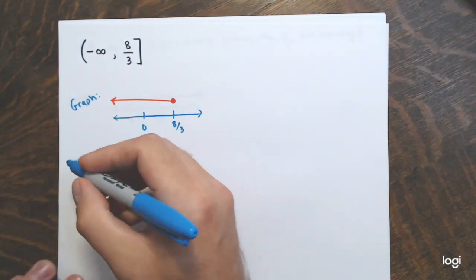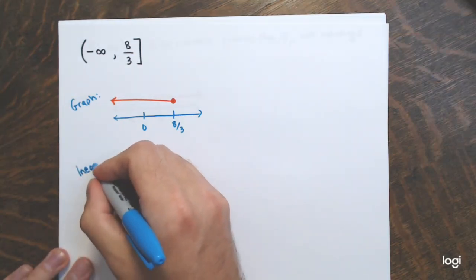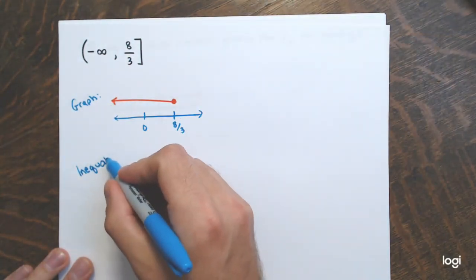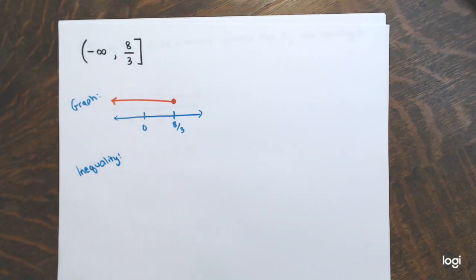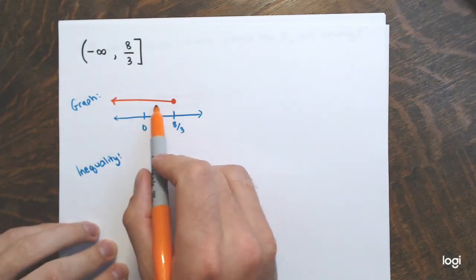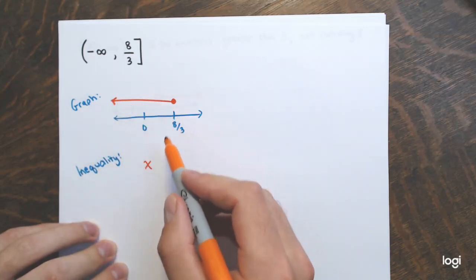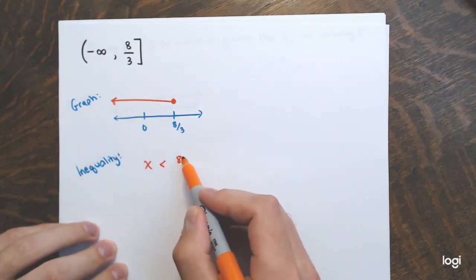And then finally I can also make an inequality describing the same numbers that this picture, or this interval, is. Now you're seeing that all these numbers, which again I'll call x, x could be any of these numbers which are all less than 8/3.